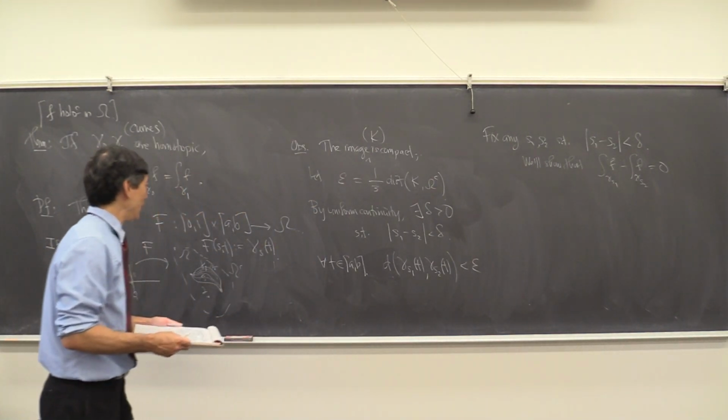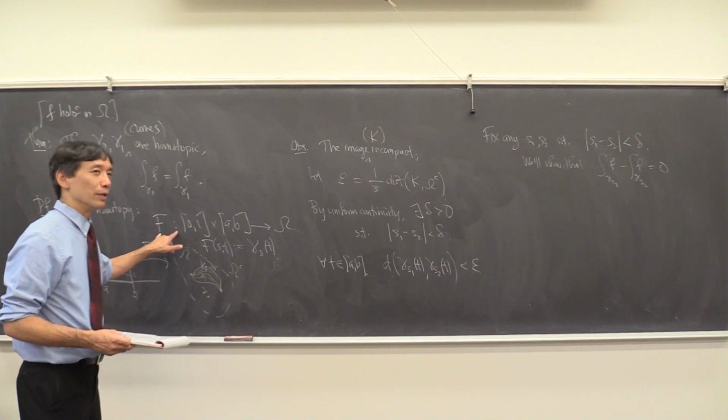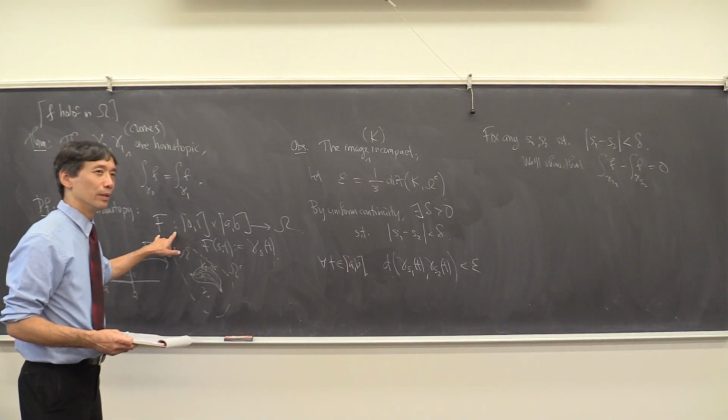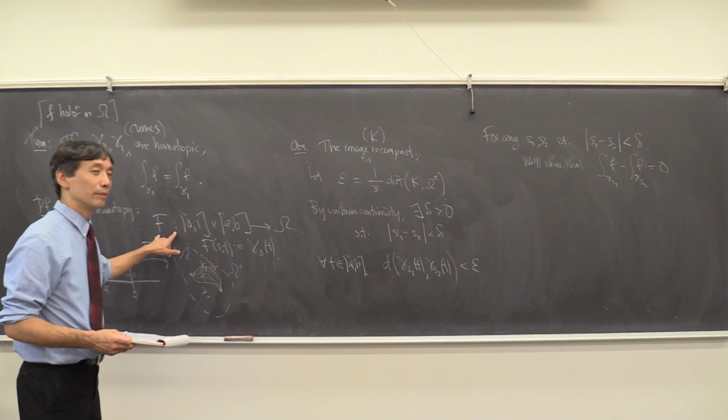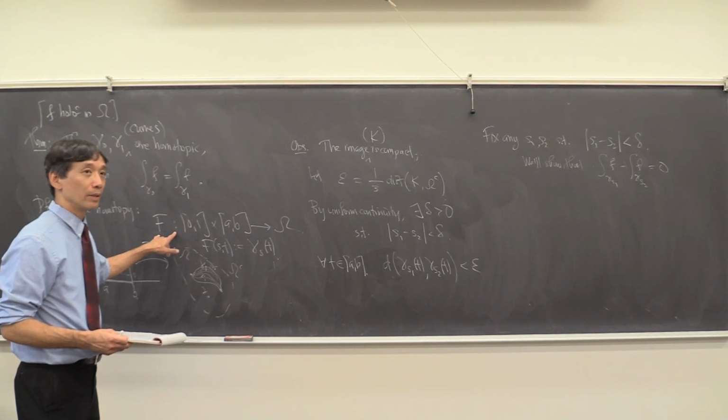I guess what you're worrying about is that we only assume continuity. Right, in our definition of homotopy equivalence, we only assume continuity for our intermediate gamma_s's, and not necessarily smoothness.